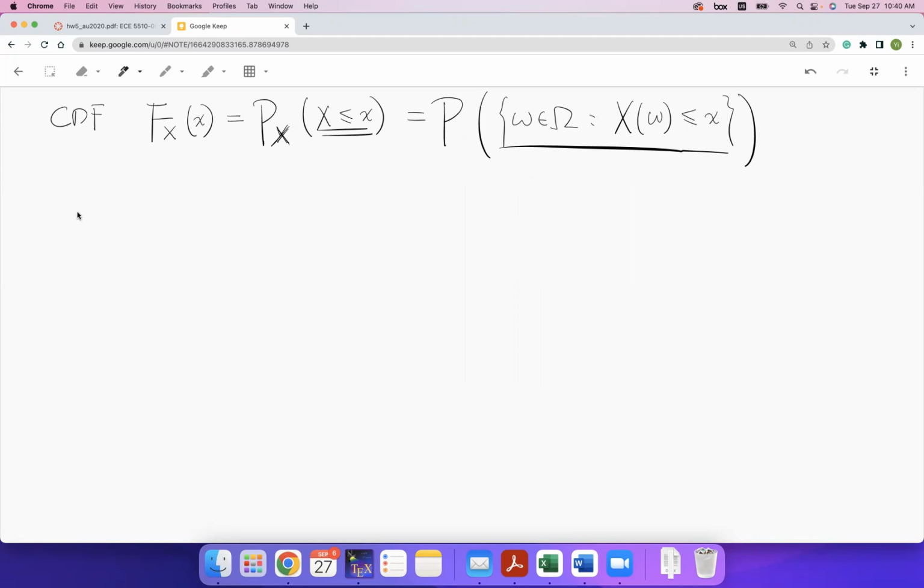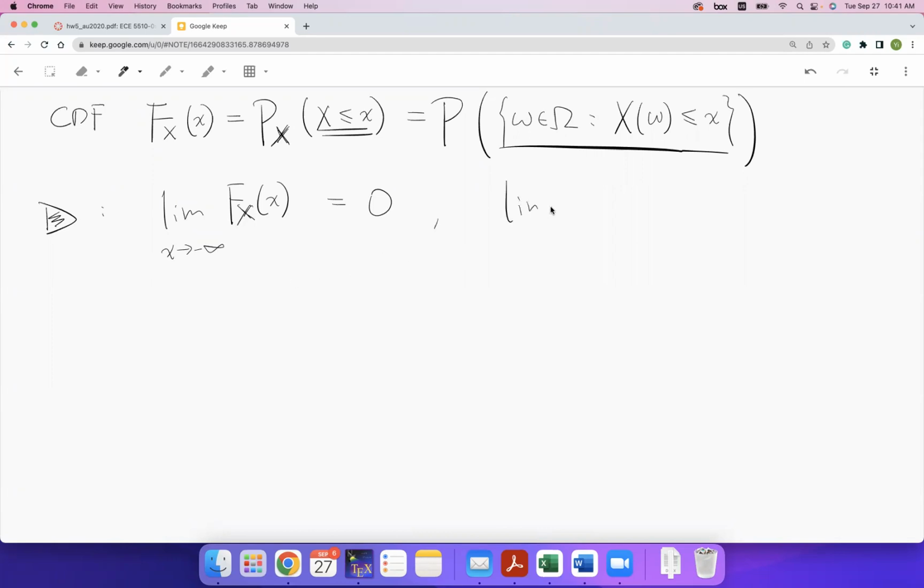And for such a random variable, the CDF has several important properties. First of all, when x goes to negative infinity, the CDF equals 0.